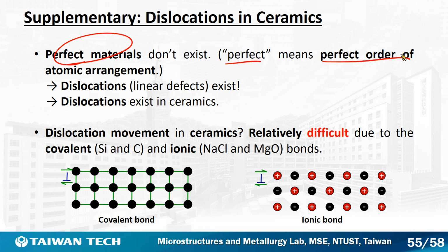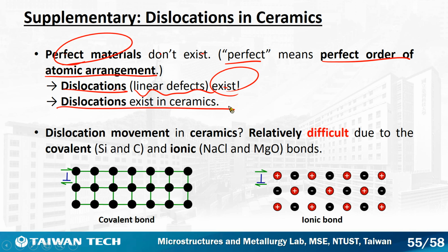Perfect means perfect order of atomic arrangement, so definitely you will have defects. And dislocation is one of the defects. This is the linear defect. So dislocation exists in ceramics.